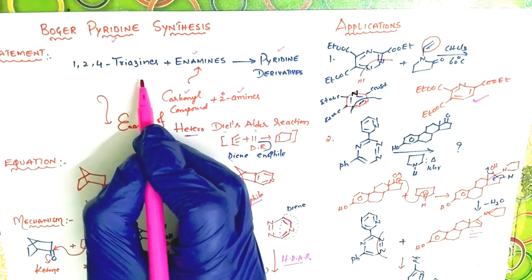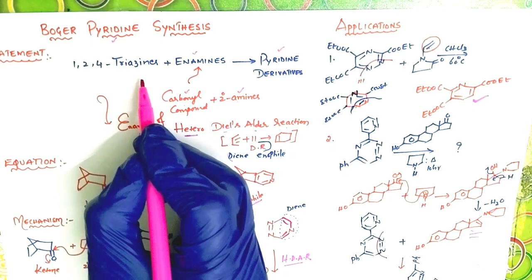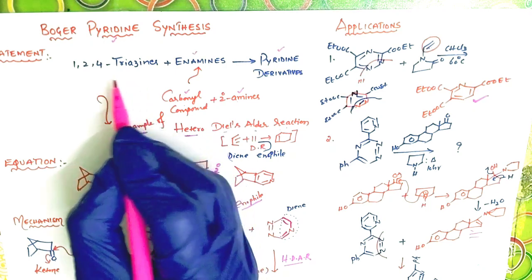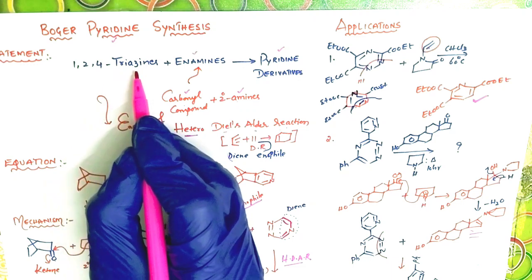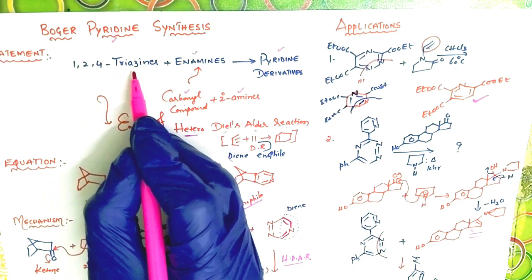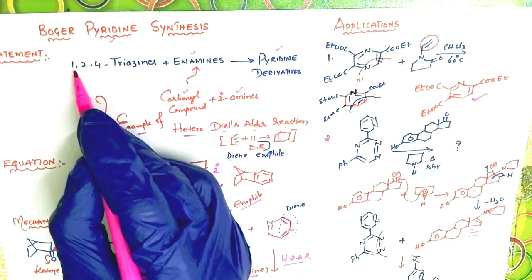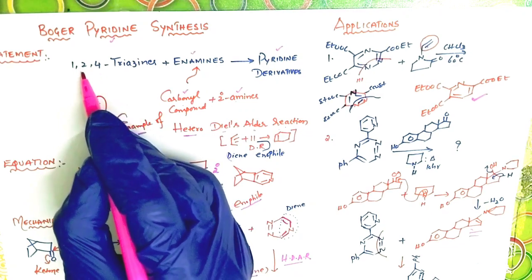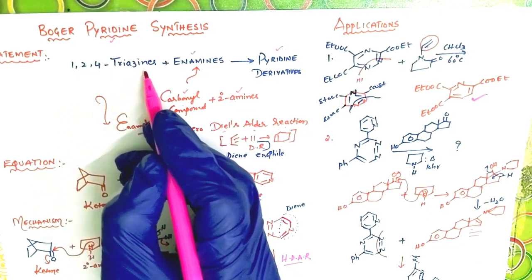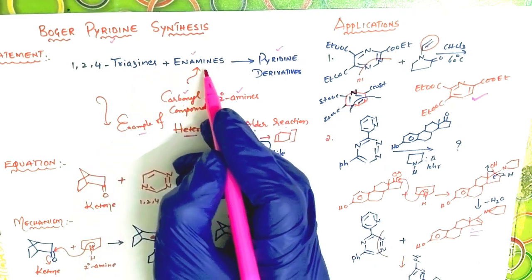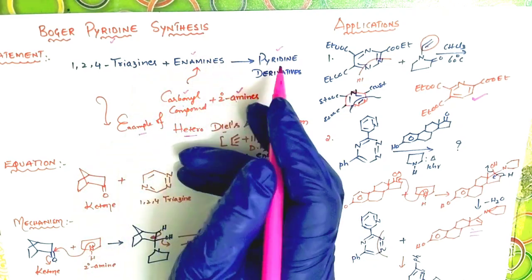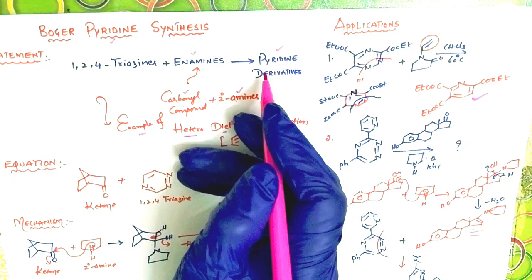One nitrogen present means we can say aza. So triaza means how many nitrogens should be present? 3 nitrogens should be present. What are the positions of the nitrogens? 1, 2, 4. 1,2,4 triazines are going to be treated with enamines to produce pyridine derivatives.